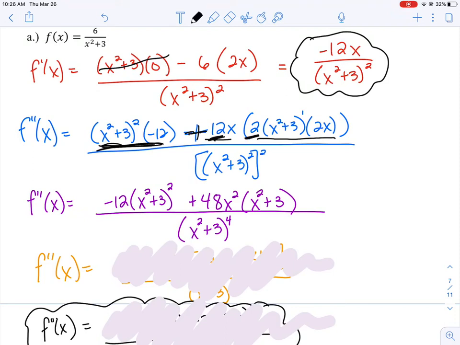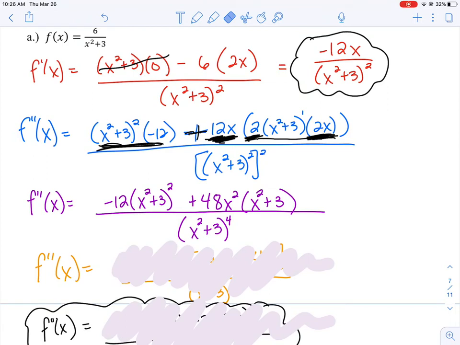I've got 12 times 2, which is 24, times another 2x, or I should say 12x times 2 times another 2x is my 48x squared, with my x squared plus 3 right there. So that's where that came from. Hopefully that's making sense so far. Over the bottom, which is my quantity squared, then squared again. And remember, when we raise to a power, we really multiply the exponents, and so that's why it turned into a new exponent of a 4.